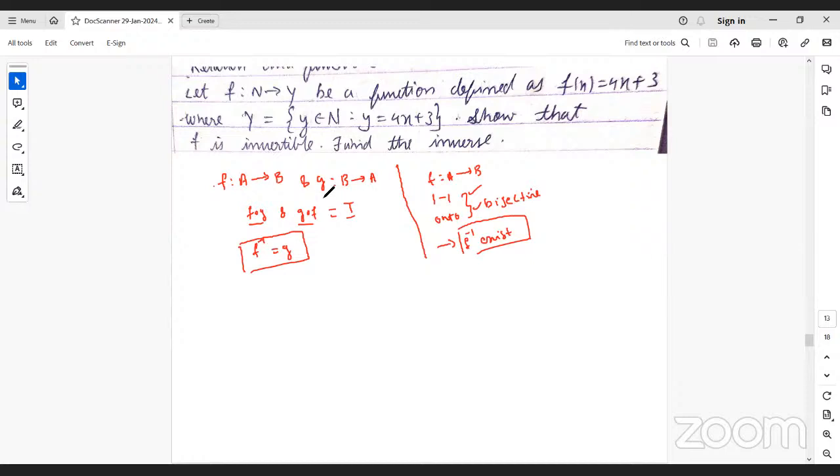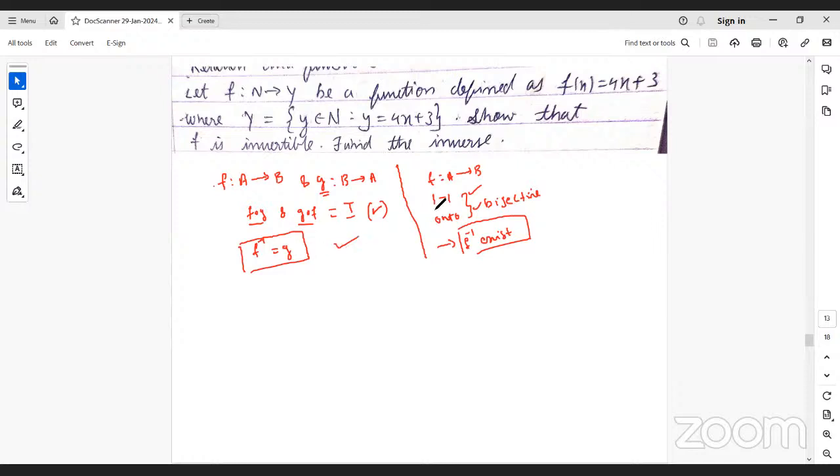We will be solving the 5-mark question based on this concept, that is inverse of a function.